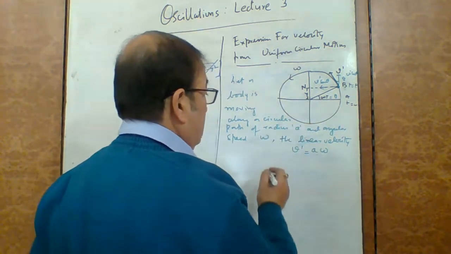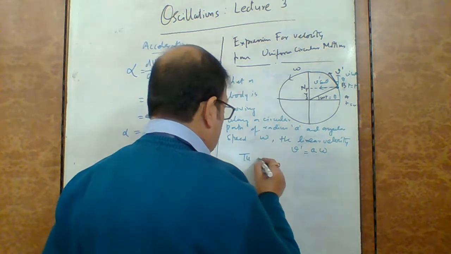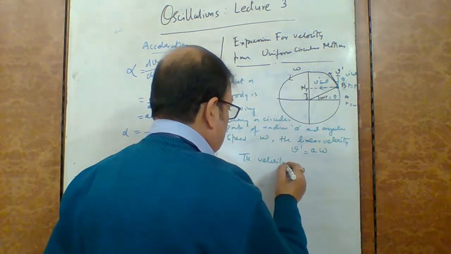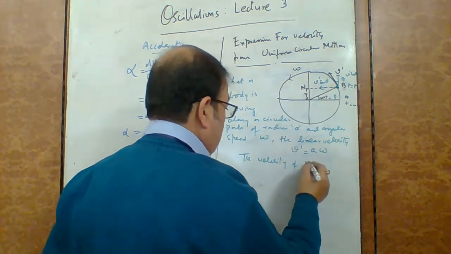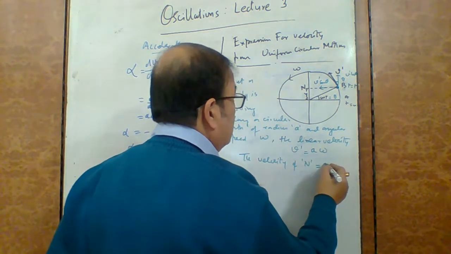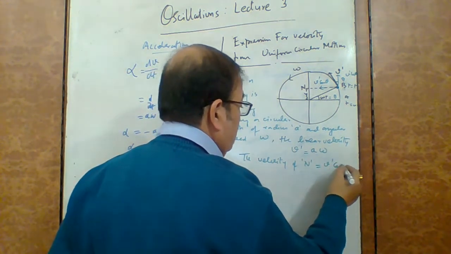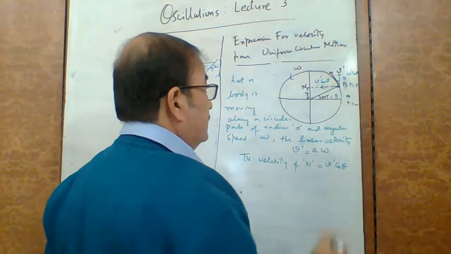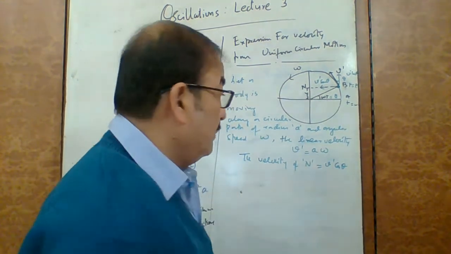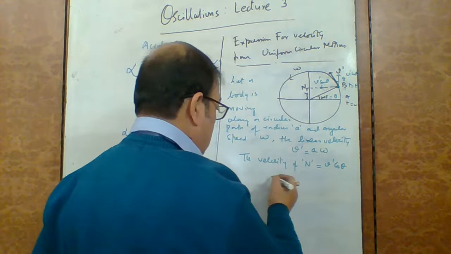In that part, what we can say is the velocity of n equals v dash cos theta. It is v dash cos theta, and v dash is this much.